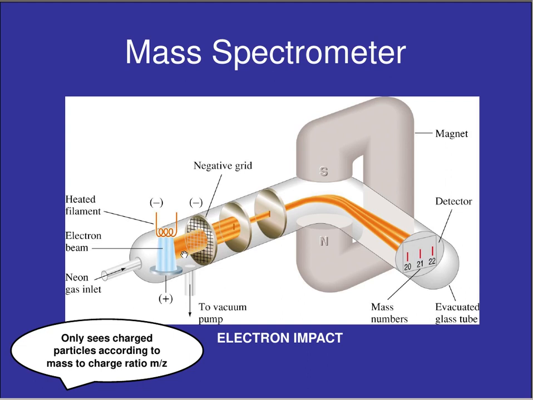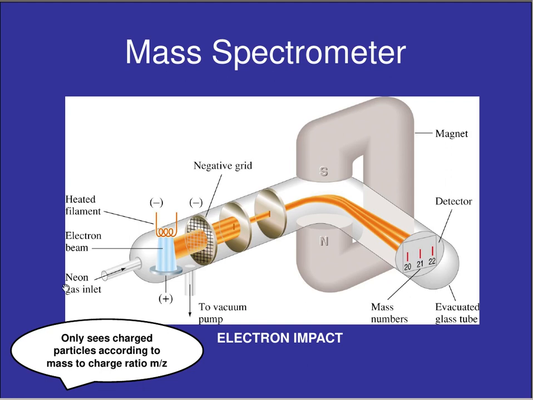It's then accelerated by this negative grid, and then there are some slits that are collimated, and of course because it has a charge, any charge moving in a magnetic field follows a curved path. Depending on its mass will depend on the change in momentum of the particle, and so on the detector you'll be able to pick up the different masses.